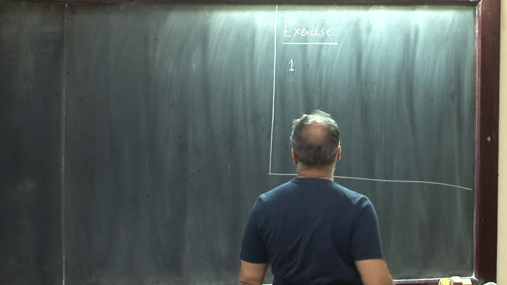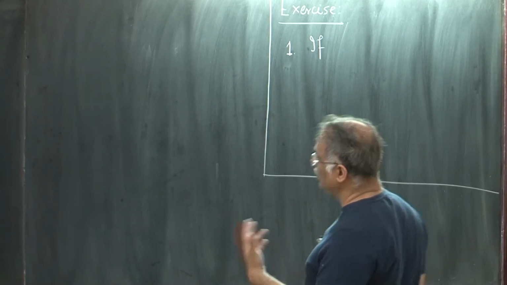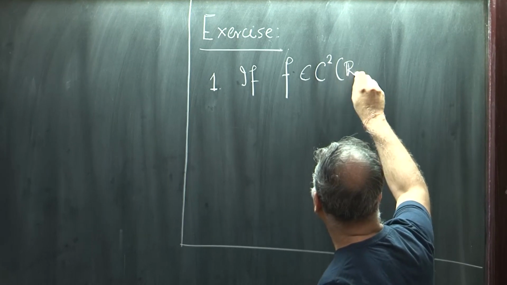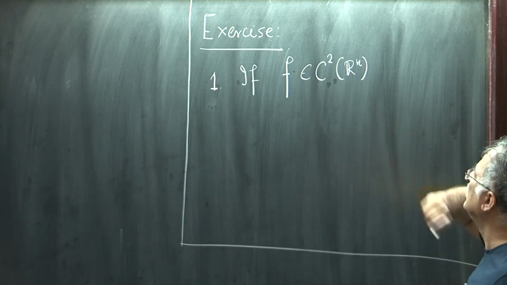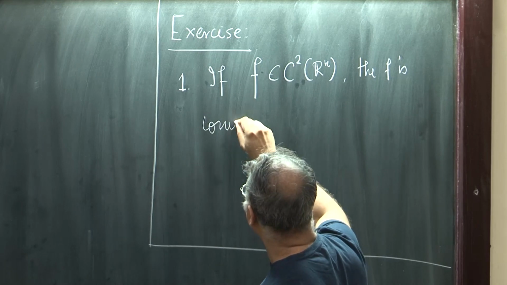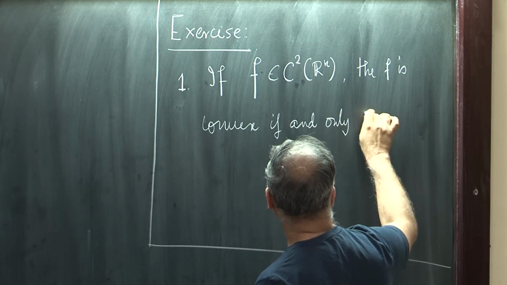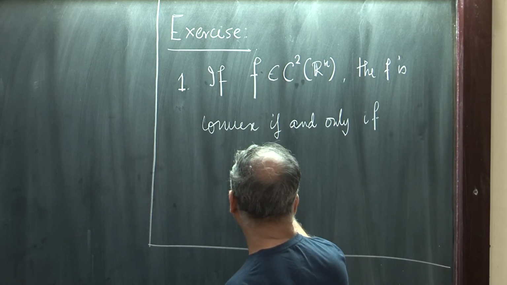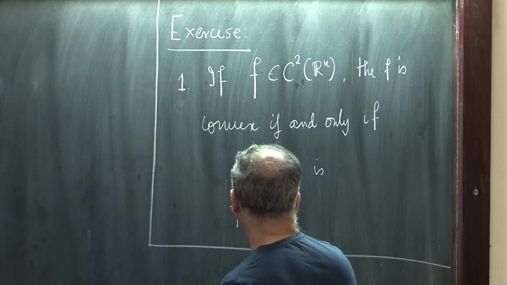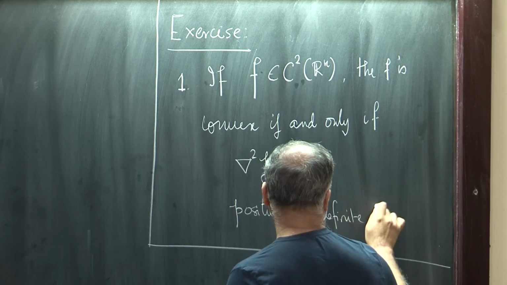So if a function is twice continuously differentiable, that is, if its Hessian matrix exists and is also continuous, if f is in C2 of Rn, twice continuously differentiable, then f is convex if and only if the Hessian matrix of f at x is positive semi-definite for all x.